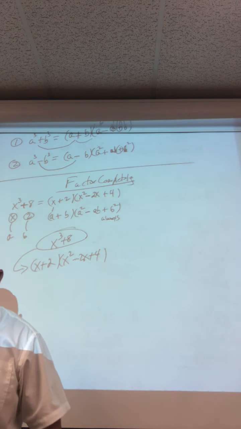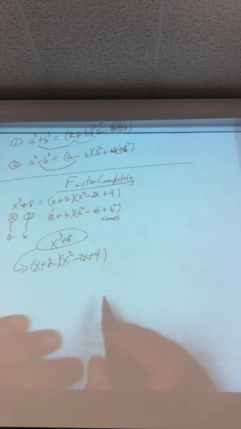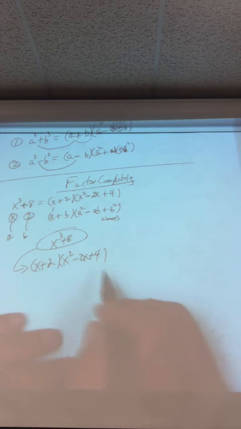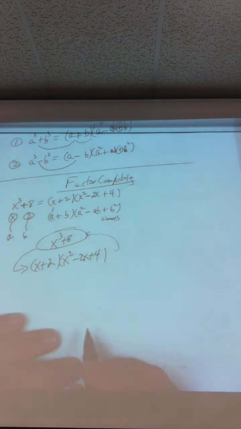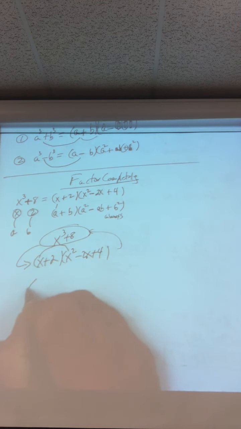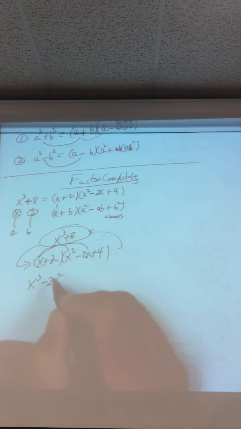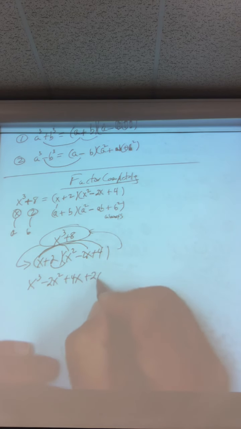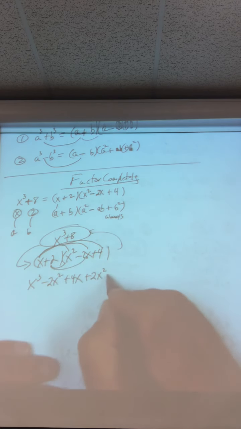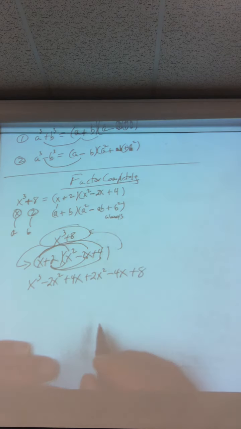Now let me show you one other thing, and then we'll do one more video on this. It doesn't look like, if I multiply this out, that I'd get that right there. Watch what happens if I multiply this out. X cubed minus 2x squared plus 4x plus 2x squared minus 4x plus 8.